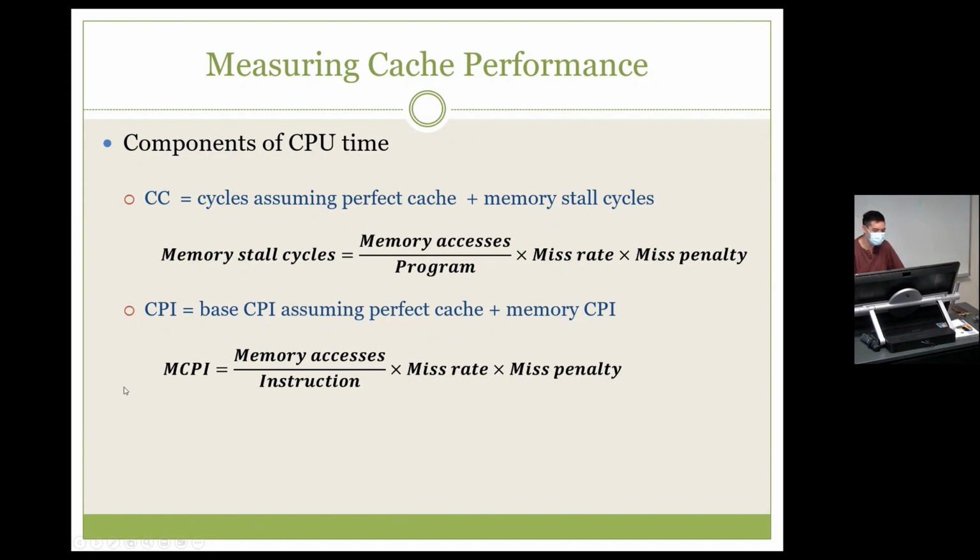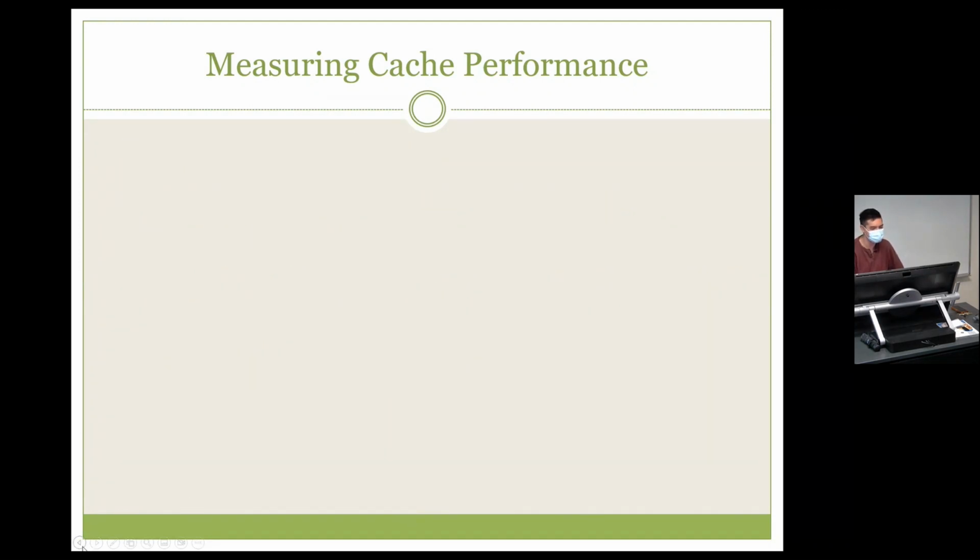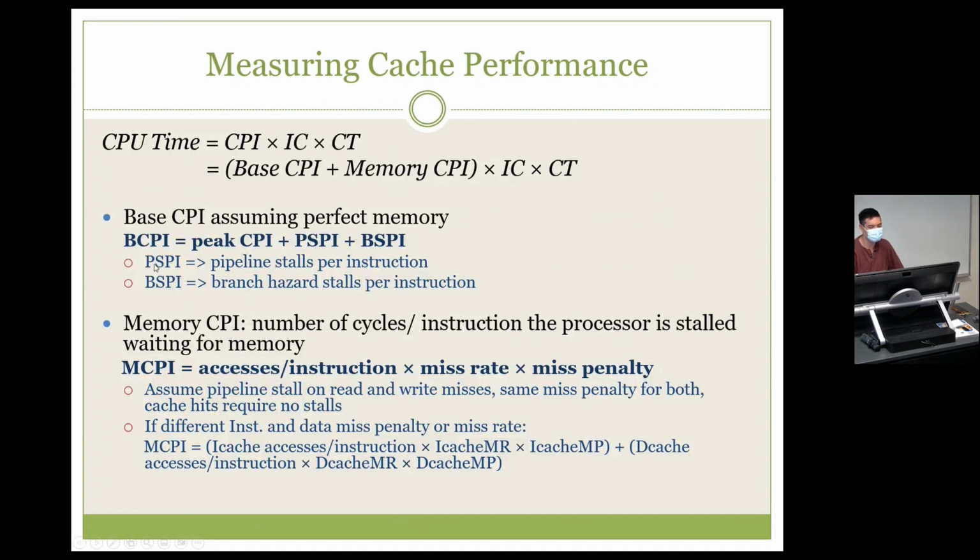And this formula for the CPI is the same for all of our different components. So same for pipeline stalls. You're going to get the portion of instructions that can possibly cause a pipeline stall, the portion that do cause that pipeline stall, times the penalty. So that's for your data hazards.